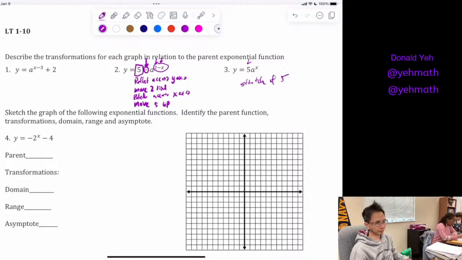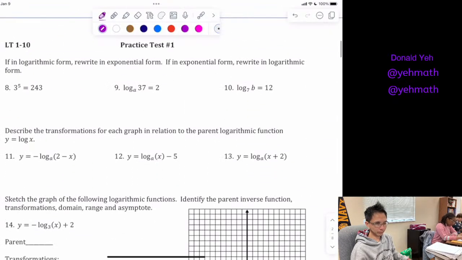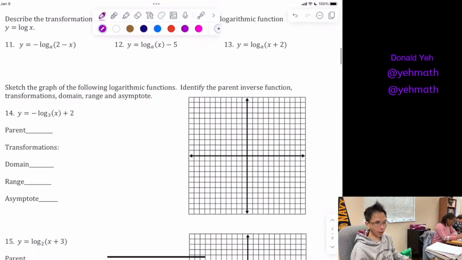Number 14. Log. Okay. So natural log of x, they are the same graph. So I'm going to graph natural log of x here first. It's generalized, it's always going to be like this. Always like this.